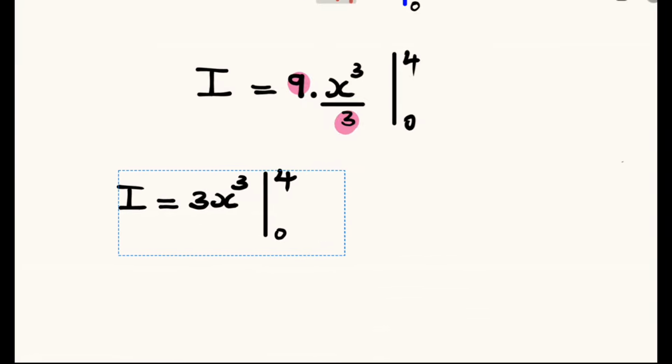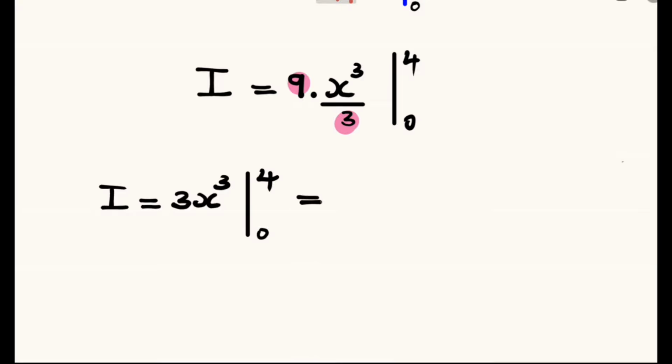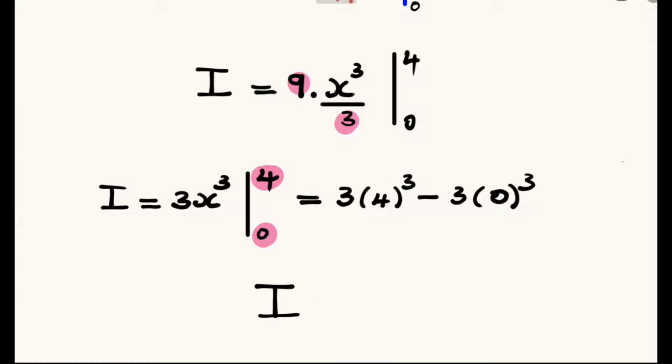Now we substitute, and we substitute the bigger number first. So in the place of the x, we are going to substitute the 4. It will be raised to the power 3 minus, now we substitute the 0 in the place of the x. It will also be raised to the power 3.